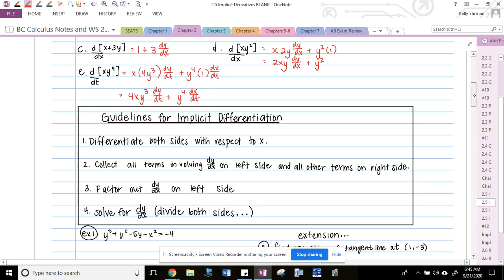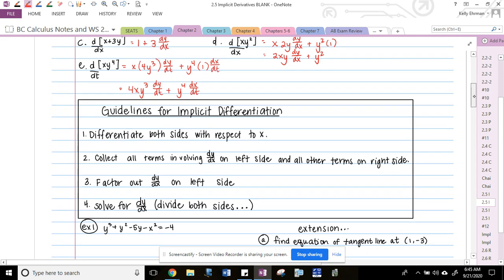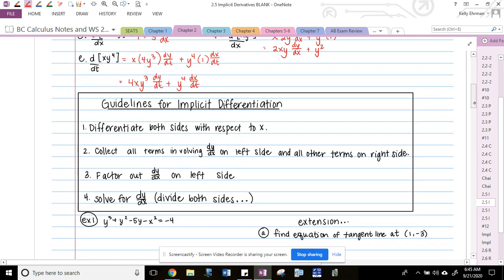So some kind of like a checklist here, some guidelines for implicit differentiation. If you're working on an equation like we're about to do, differentiate both sides with respect to x. That would look like this. Differentiate with respect to x of this side, and I'm going to do the same thing to this side.